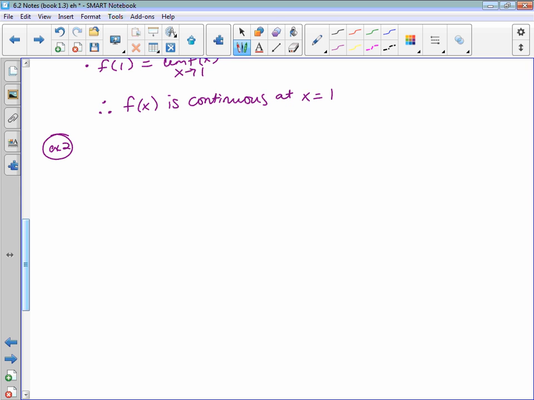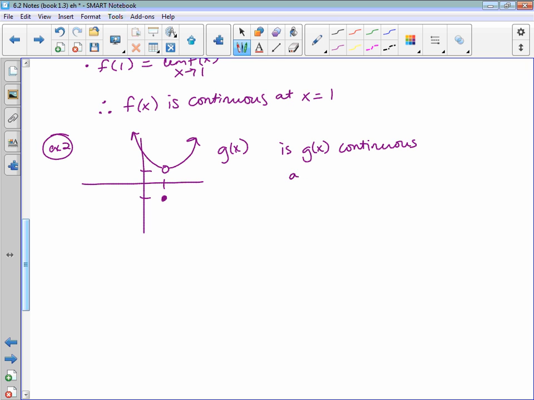All right, so this time I will give you a graph. I'll tell you this is g of x. The question there: is g of x continuous at x equals 1?